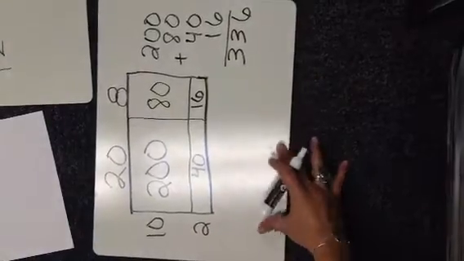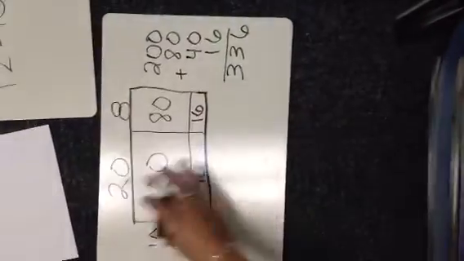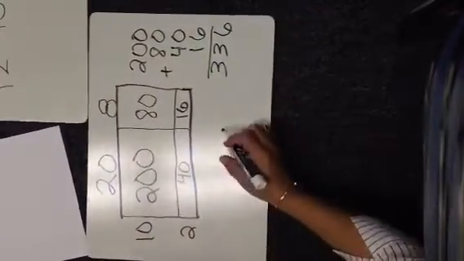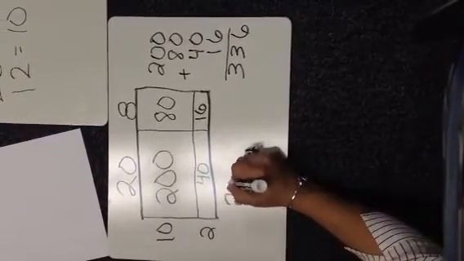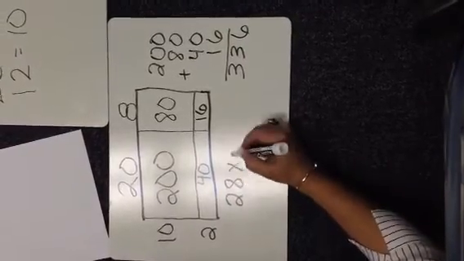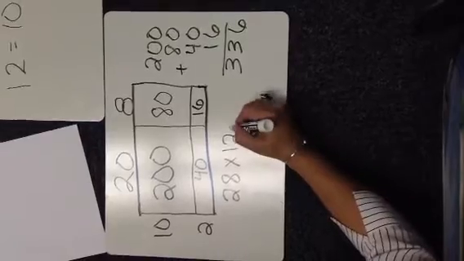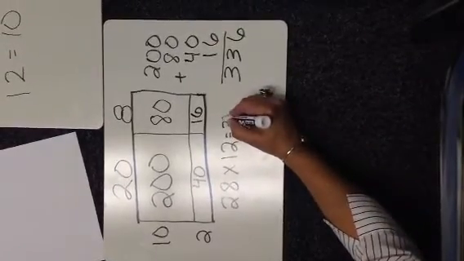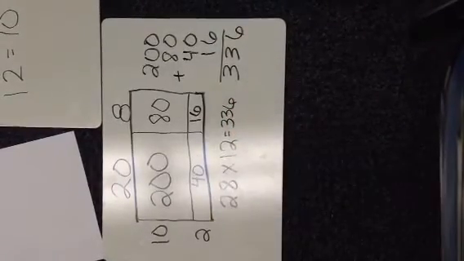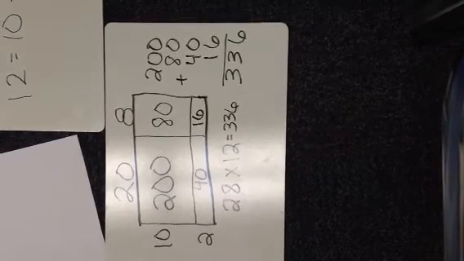So now we have used an area model to represent the multiplication problem of 28 times 12 equals 336.